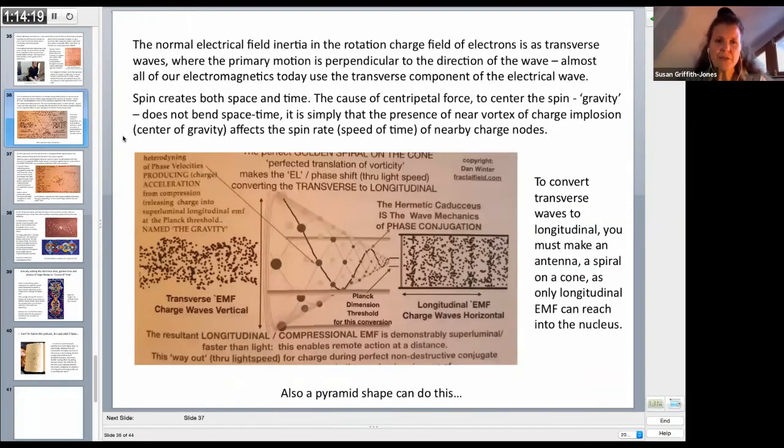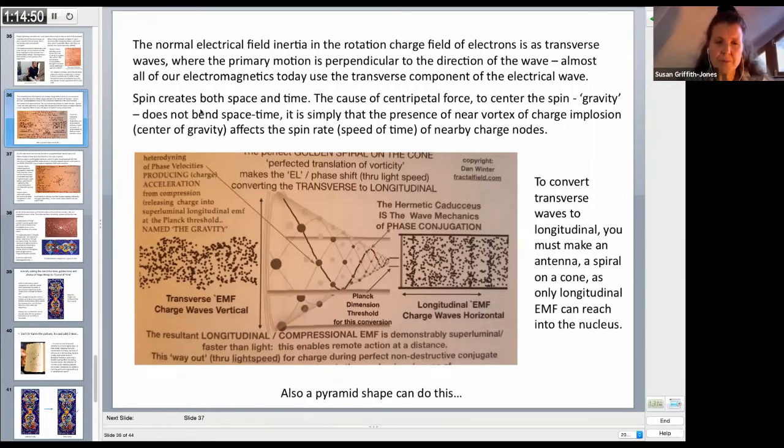So the normal electrical field inertia in the rotation charge field of electrons is as transverse waves, where the primary motion is perpendicular to the direction of the wave. Almost all of our electromagnetics today use the transverse component of the electrical wave. So you can see here that transverse waves are coming into the center, the outside of the cone here.